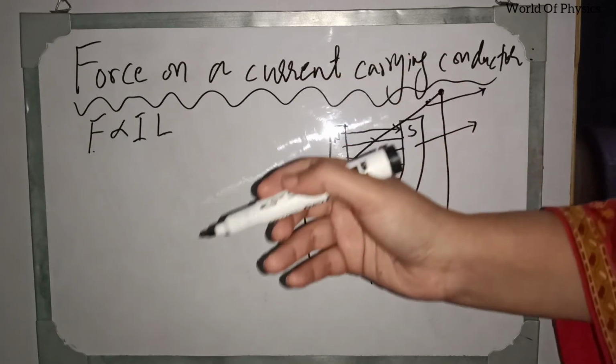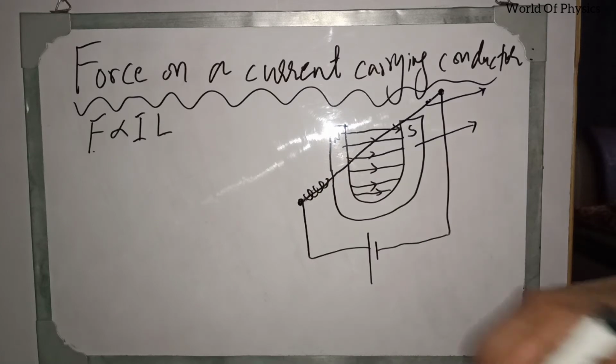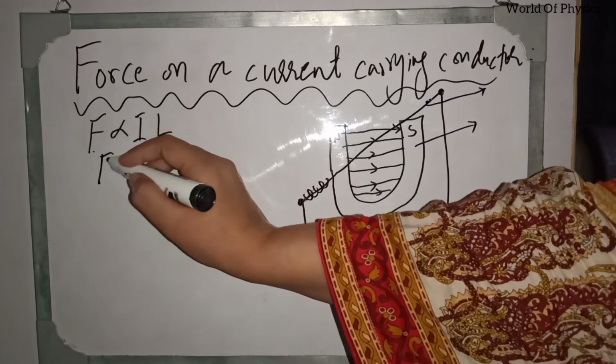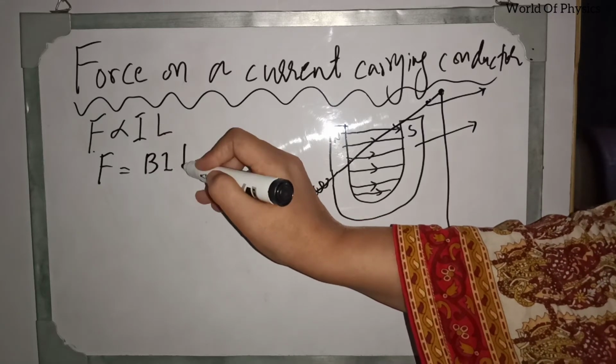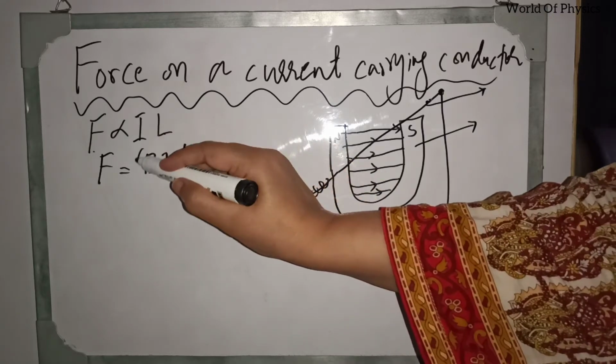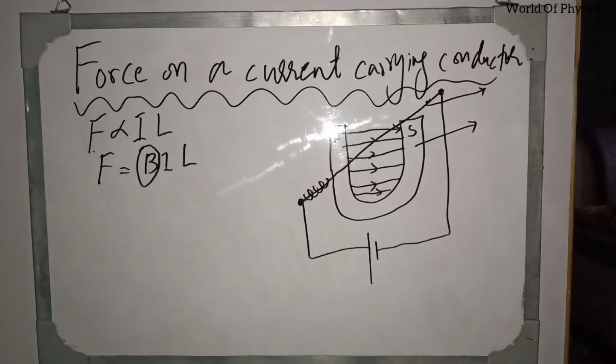To remove this proportionality, we need a constant, and in this case our constant is B. So F is equal to B I L. This B is called magnetic induction or magnetic field, and it is the constant of proportionality.